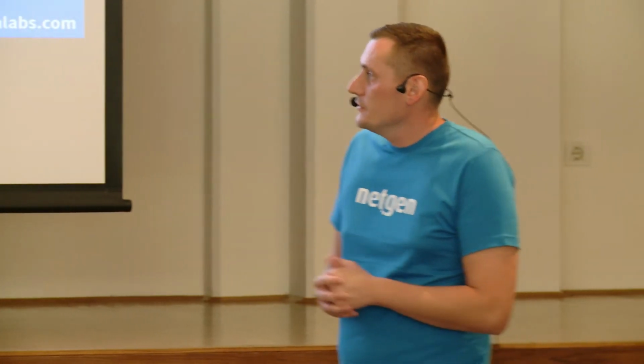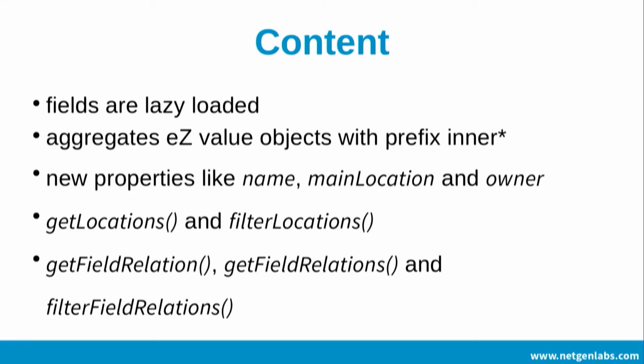Also, we have three new methods to make content traversal even easier. For example, getFieldRelation to get the related content from an object relation field. When you have one relation, it's called object relation. And you have the second field, object relation list, that's got a lot of relations.